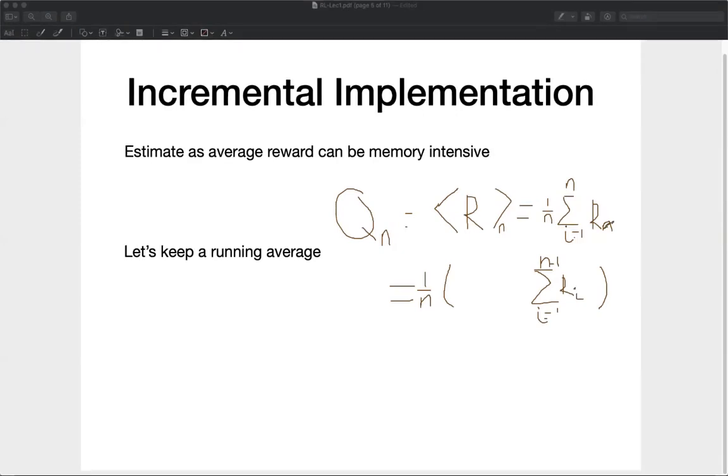This should be an i, of course. Sorry about that, guys. This is r of i. So here I'm summing up from 1 to n minus 1, and over here I've just pulled out the nth term.